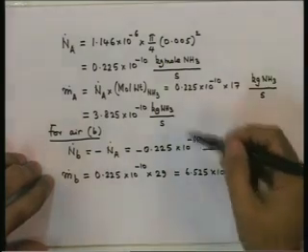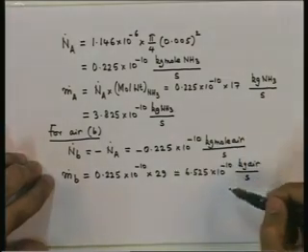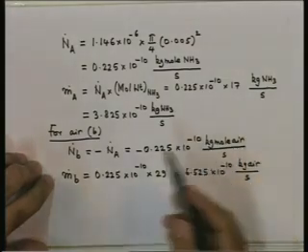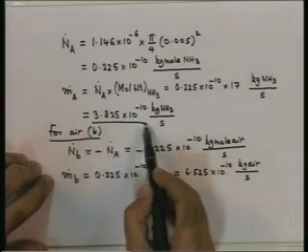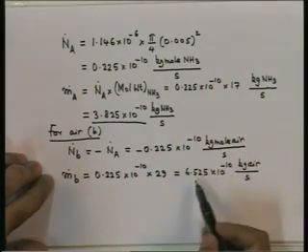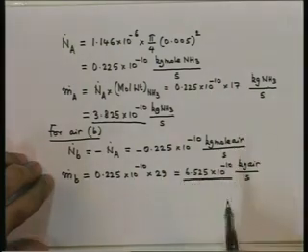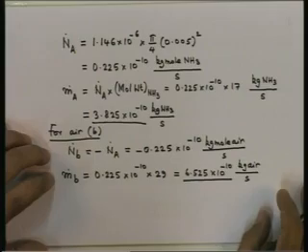After having obtained these two numbers, we should appreciate the magnitude of the two. Notice 3.8 × 10^-10 kg per second of ammonia and 6.5 × 10^-10 kg per second of air.